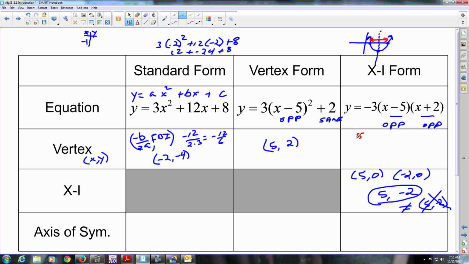So you just average them, 5 plus negative 2 over 2. So that would be 3 over 2, and that's the x value for the coordinate for the vertex, because the vertex has to be on that line of symmetry.